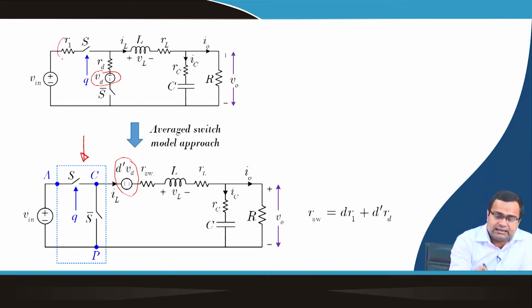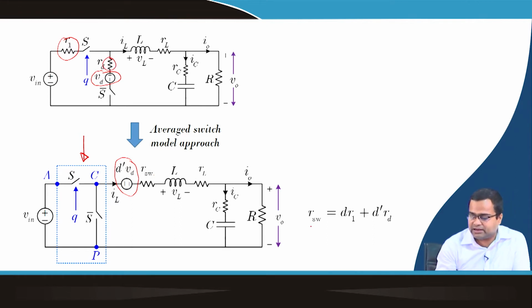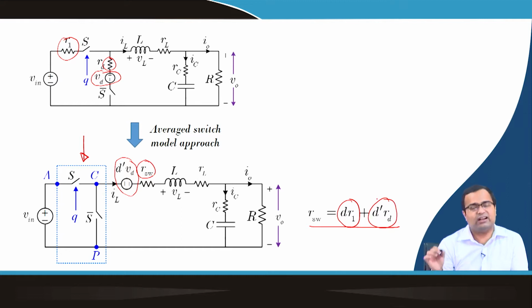This resistance is activated during the on time and this resistance is activated during the off time. That is why this effective resistance is a combination of D into R1 plus 1 minus D into RD. So, I can separate out this term and make this switch ideal.